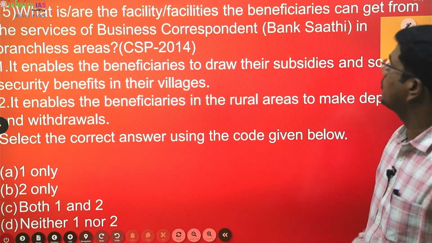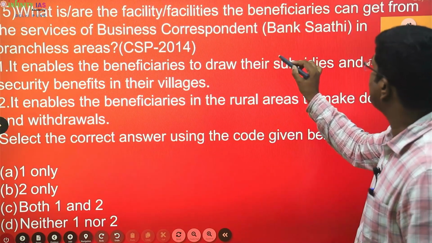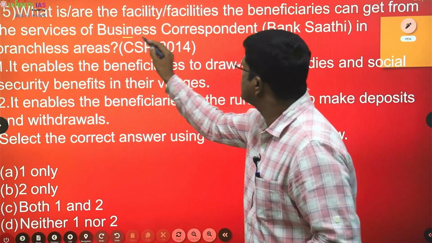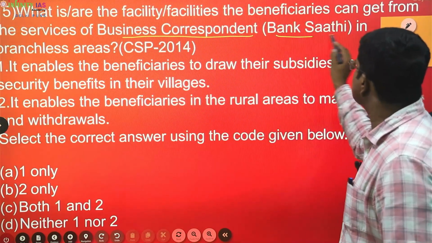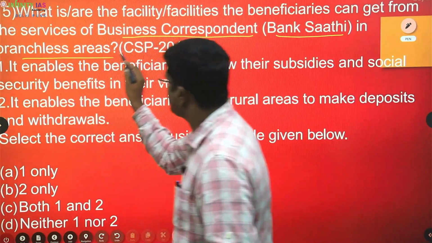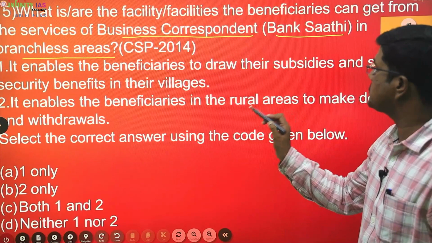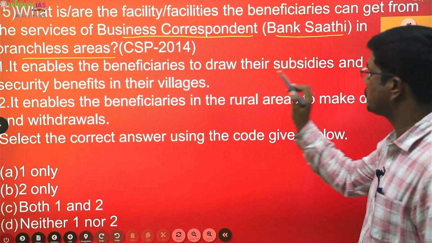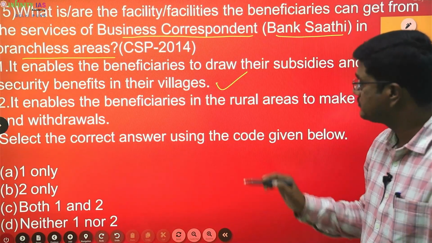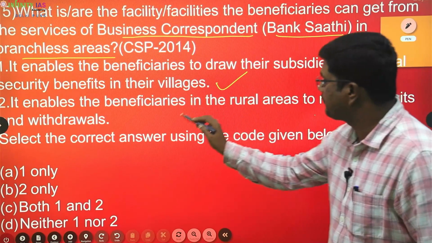Now what are the facilities the beneficiaries can get from the services of a business correspondent, that is bank sakhi, in branchless areas? See, the first option is it enables the beneficiaries to draw their subsidies and social security benefits in their villages. Yes, it is true. It enables the beneficiaries in rural areas to make deposits and withdrawals.